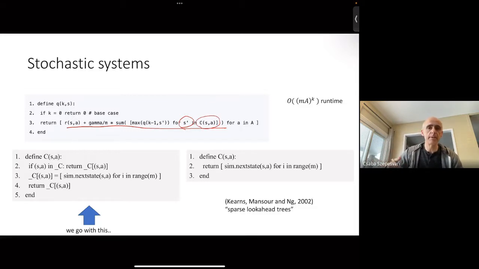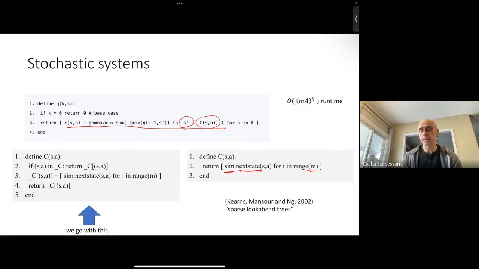You can implement this function in two very simple ways. This should be just the set of representative next states that you could get from the simulator. So if you have a simulator that can give you random next states, then you can call this simulator m times and collect the results, and that's what this set is.